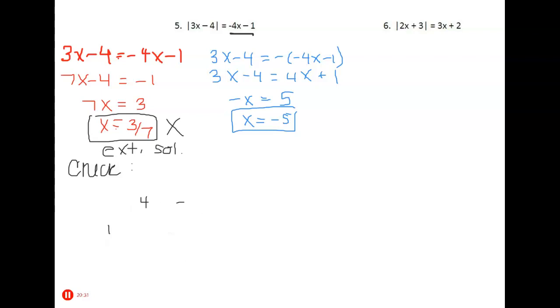So that's what I was saying. You're going to get the opposite number when you check. So let's check x equals -5.